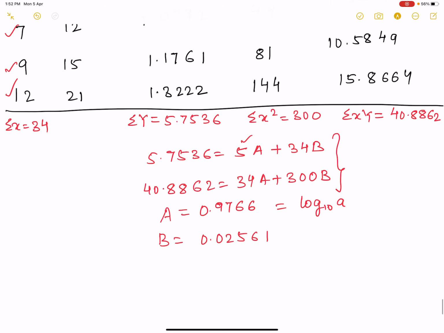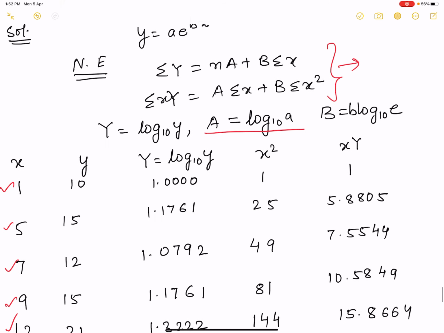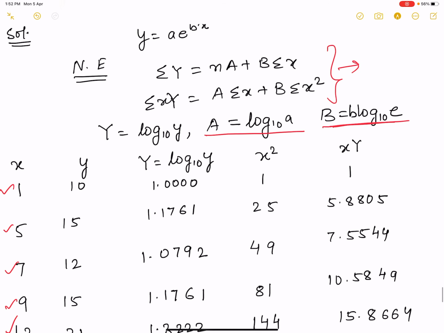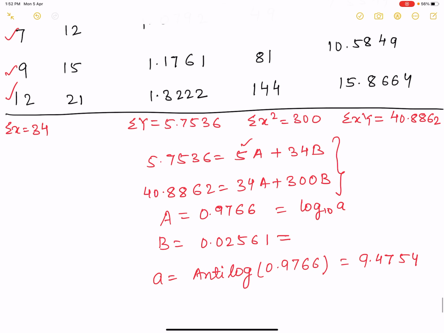And if we want to find the value of a, we have to take the antilog of 0.9766, and when you find the antilog, it will come out to be 9.4754. Okay, if you remember, capital B is small b log to the base 10 e.